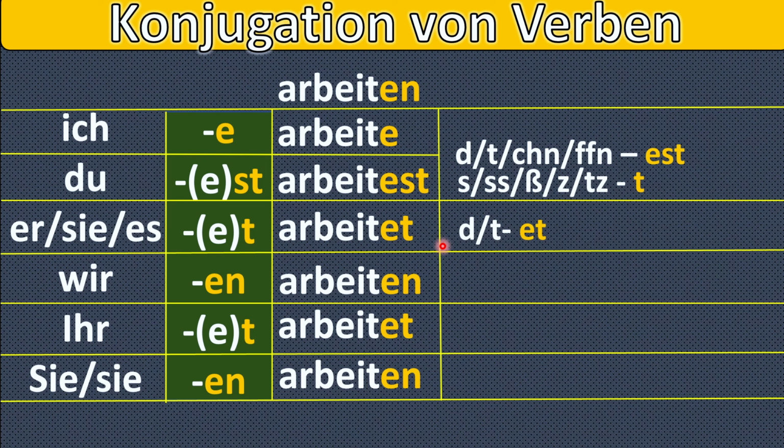Er, sie, es: if the base ends in d or t, then you need not only t, but et. Arbeitet. And in person ihr, you like a group of people, also et. Ihr arbeitet.